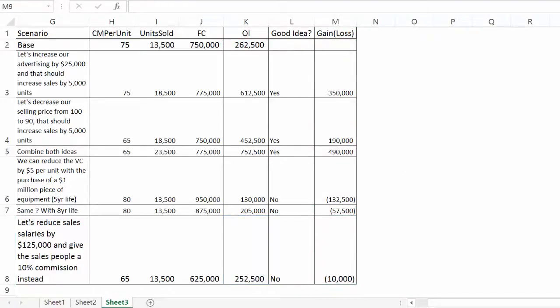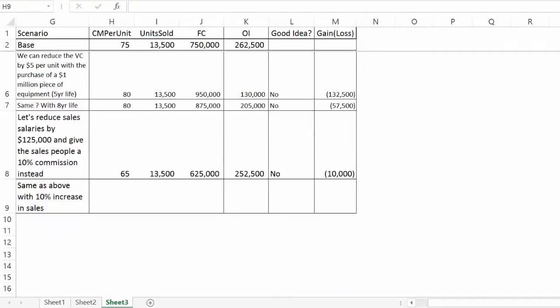The salespeople might be very enthusiastic about getting a commission instead, and so they may want to try to convince you that they can sell more units. Let's say that they go back and argue that they can increase sales by 10% if they are paid on a commission. So in this case, we're not going to go back to the original scenario.